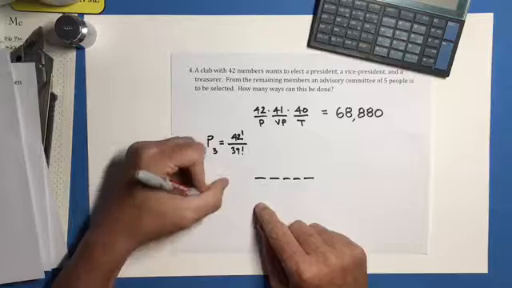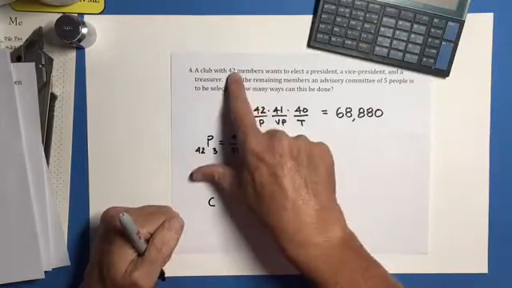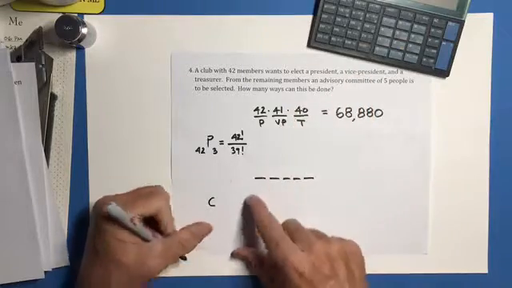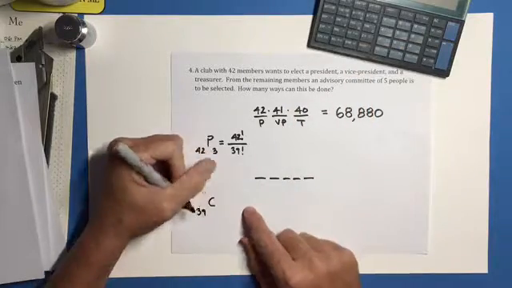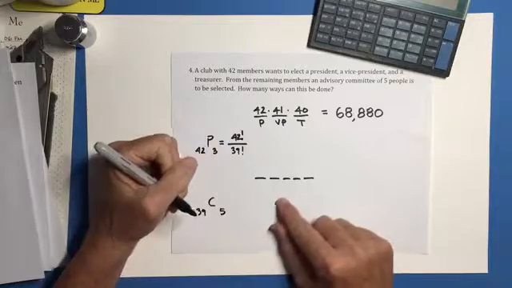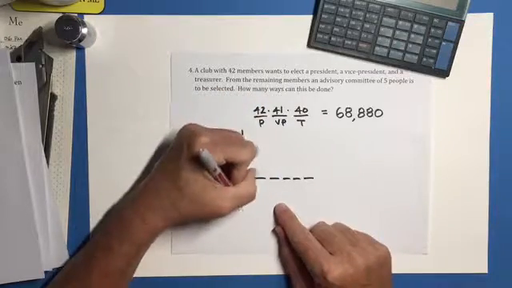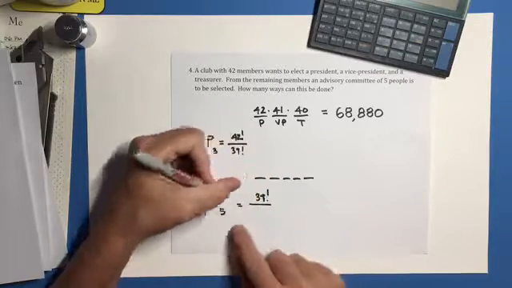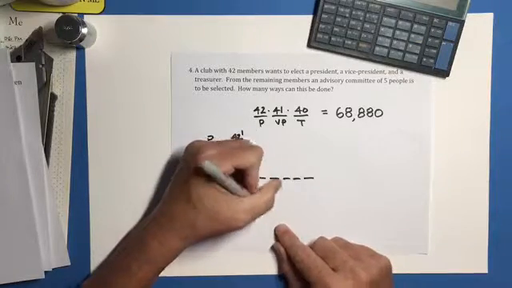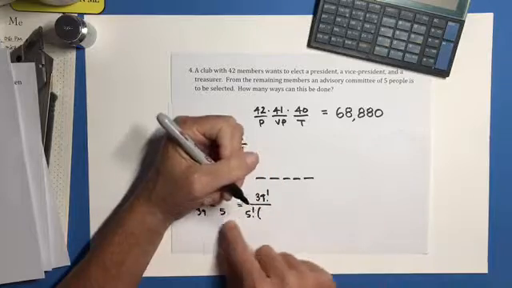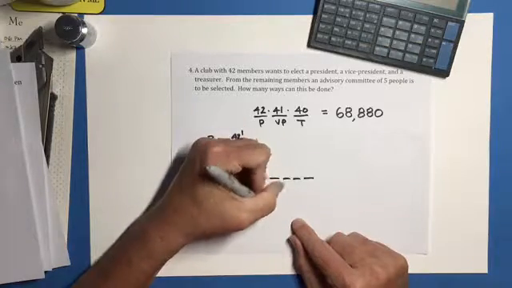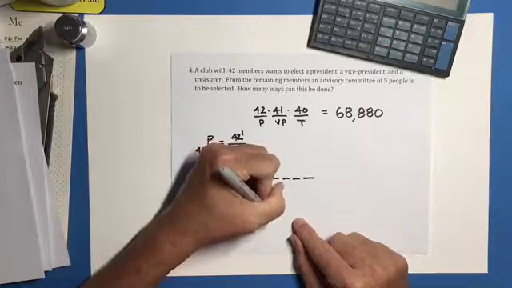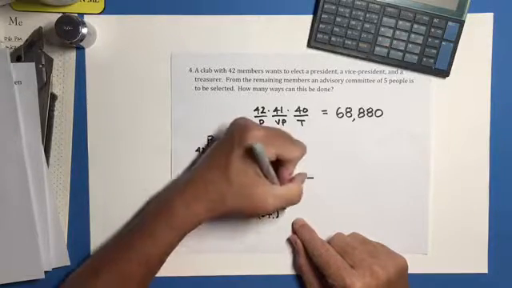This would be, well, I've used up 3 members by choosing my president, vice president, and treasurer, so I only have 39 people left. So 39 choose 5. So this is going to be 39 factorial divided by 5 factorial divided by 39 minus 5 factorial, which is 34 factorial. Right?